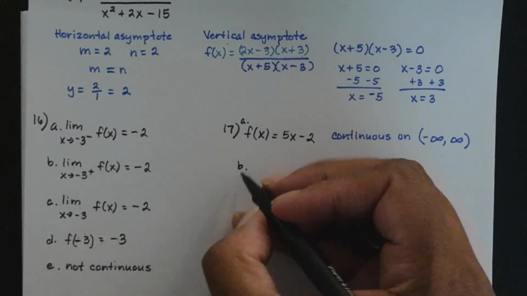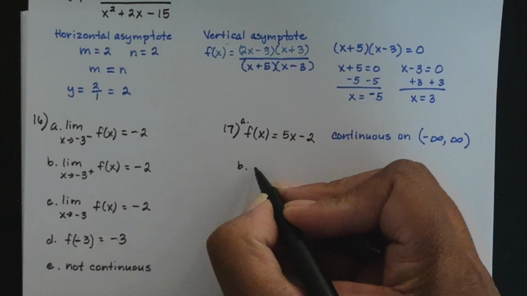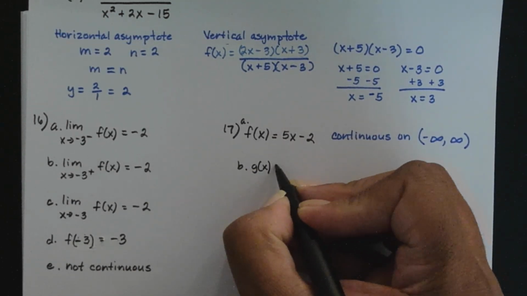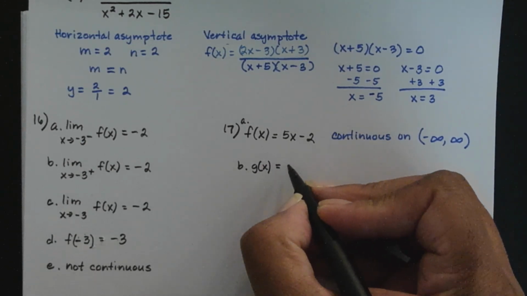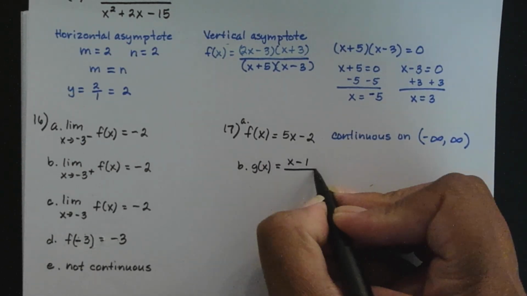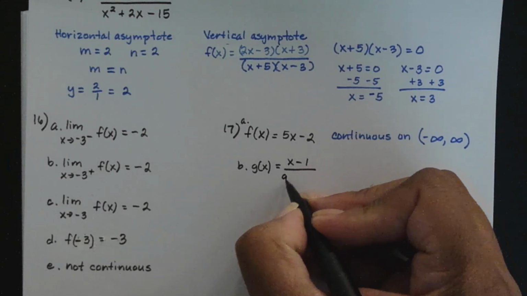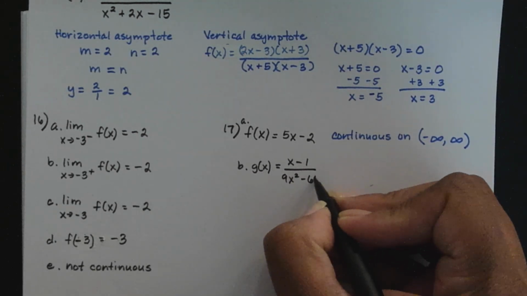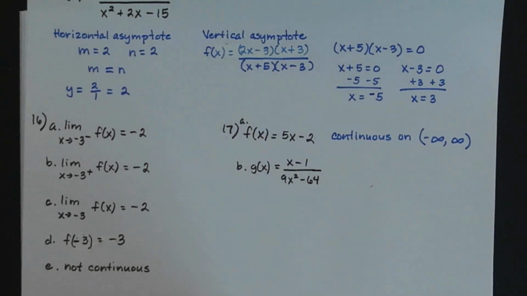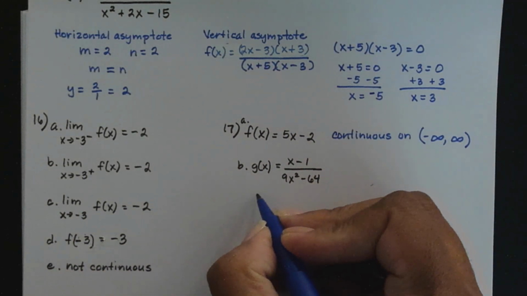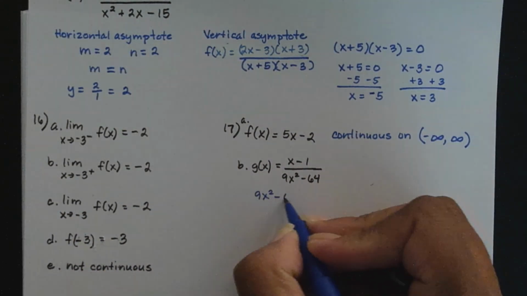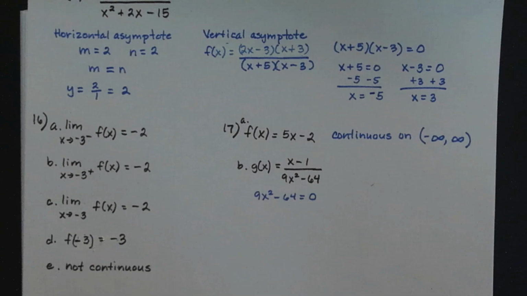Part B, g of x is equal to x minus 1 divided by 9x squared minus 64. Do we have a rational function here? So I need to set that denominator, 9x squared minus 64, equal to 0.